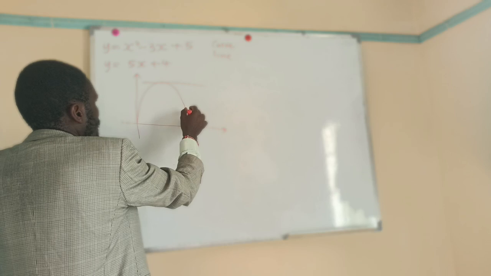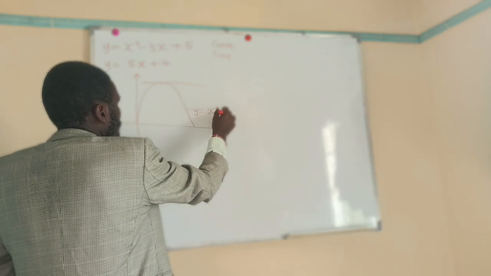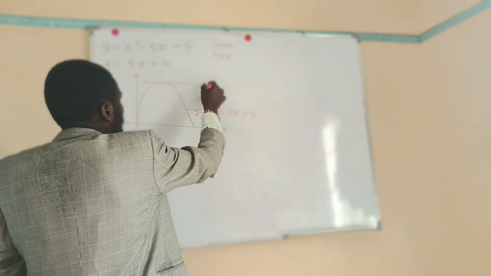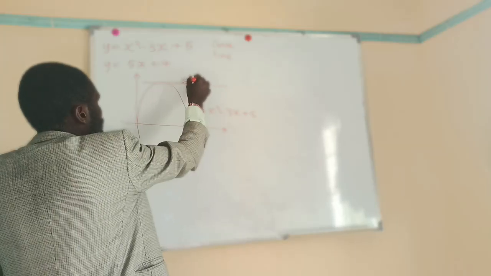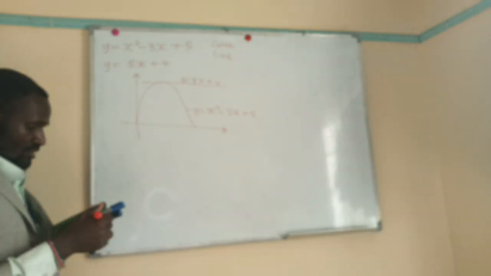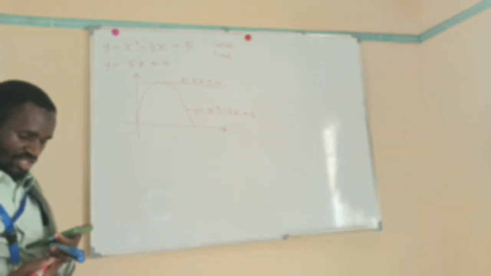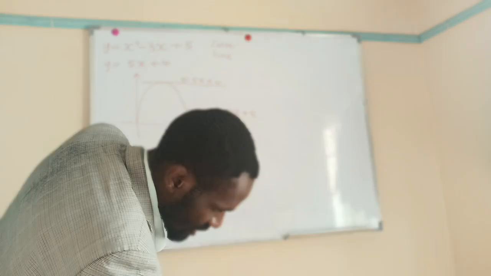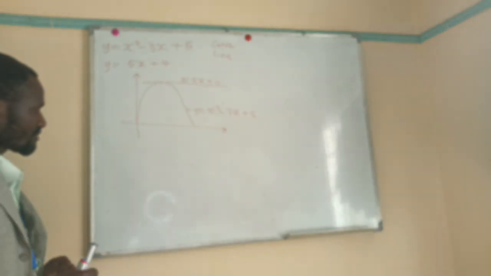So I have my curve as y is equal to x squared less 3x plus 5, and the straight line parallel to this curve has the equation y is equal to 5x plus 4. And you're told to get the equation of the tangent and the normal to the curve.